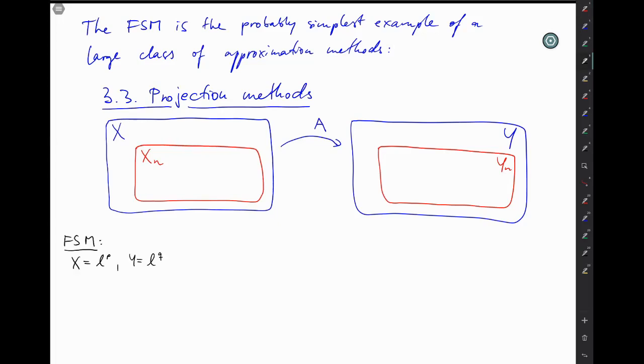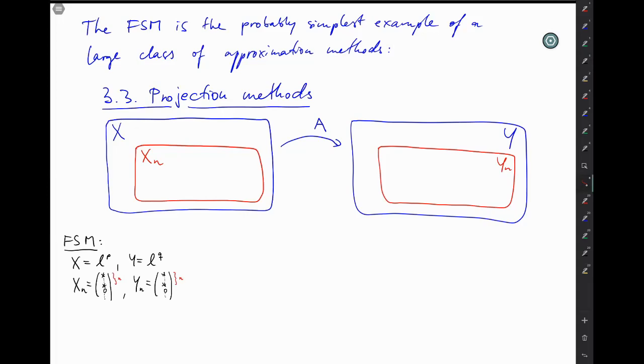So let's take two different Lp spaces here. And the subspace Xn consists of those infinite vectors from X that are only supported on the first n components. And you do exactly the same for the subspace Yn of Y.